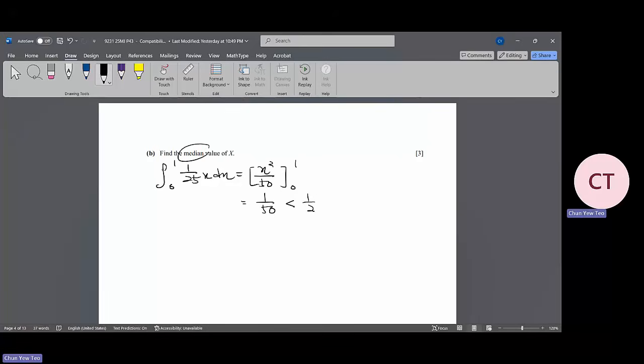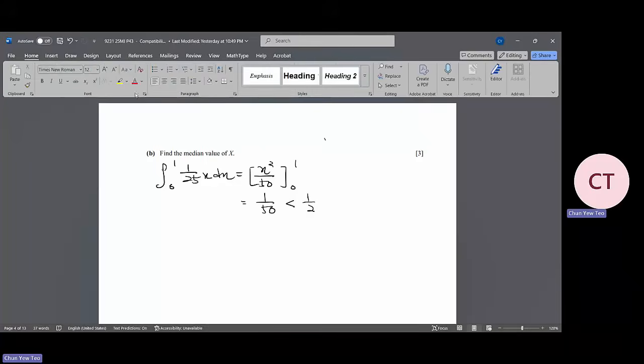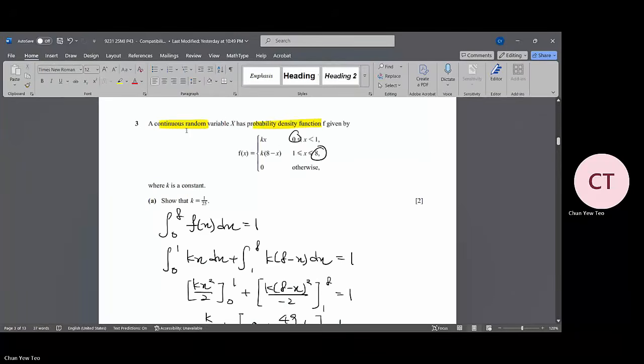Median means that the total area is 1, so the median means the area is a half. Median means that the probability of X less than m is a half. So 1 over 50 being less than half means your median will be somewhere between 1 and 8. It will be somewhere here.